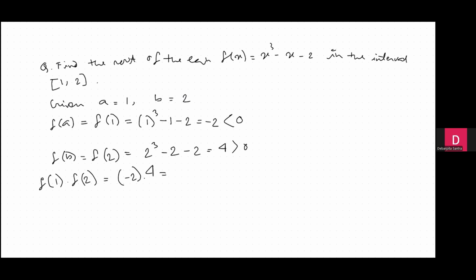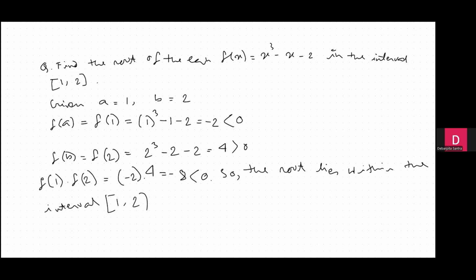As one is negative, one is positive, it is obviously less than 0. And since f of a and f of b are of different signs, the root lies within the interval 1, 2.